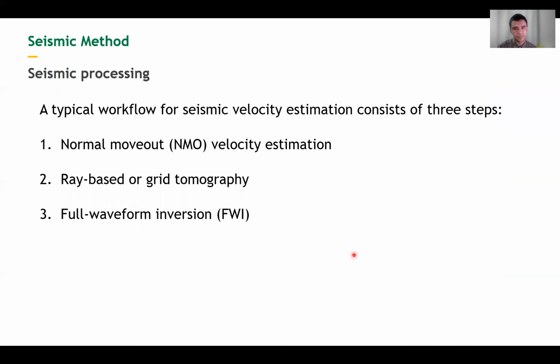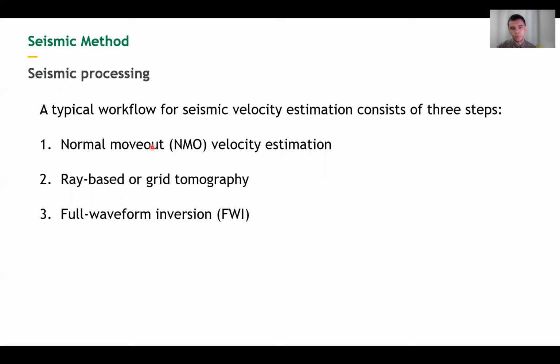Seismic processing needs a volume called a velocity model. It's very important. And a typical workflow for seismic velocity estimation consists of these three steps. Those are sequential. First, the normal move-out velocity estimation is manually processed.